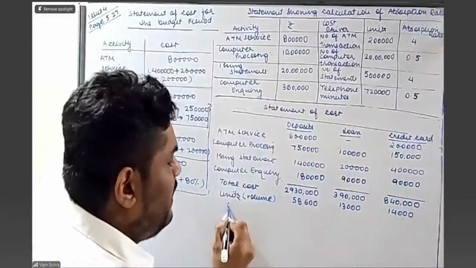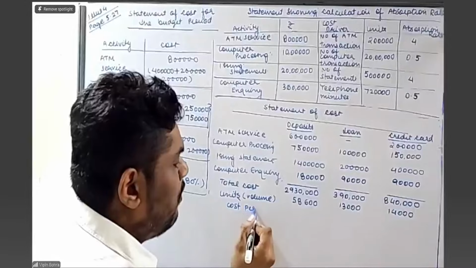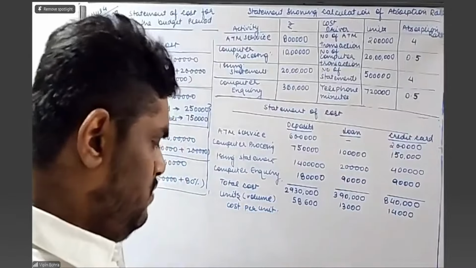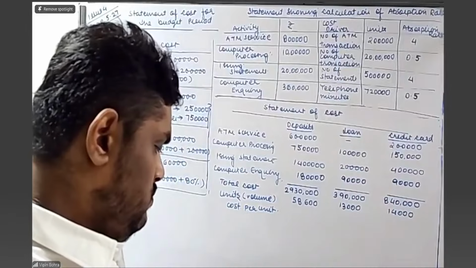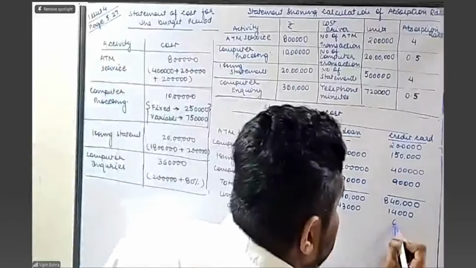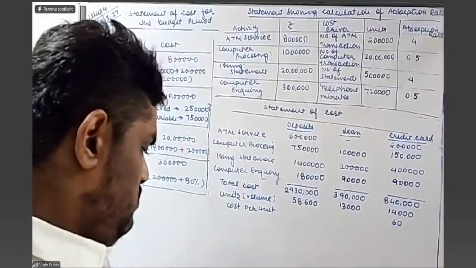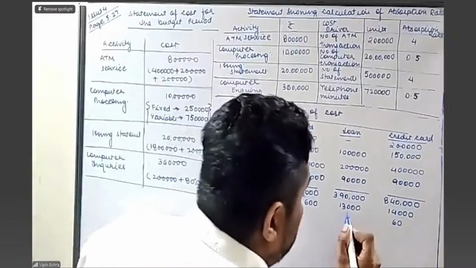So we'll be able to calculate the cost per unit. So this will be 60. This will be 30.